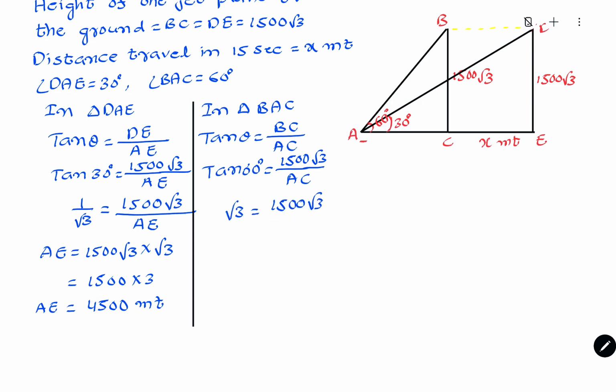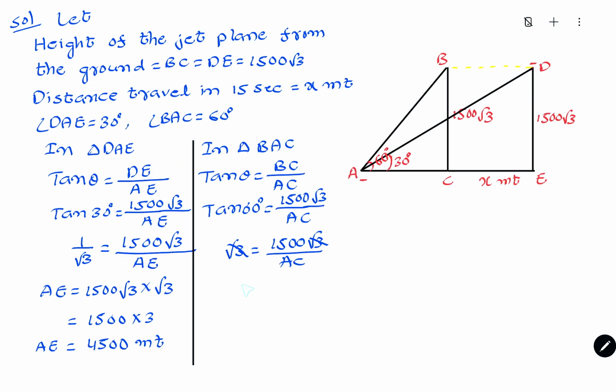Here √3 = 1500√3/AC. The √3 cancels, and the remaining values give 1 = 1500/AC. Do cross multiplication. Then AC is equal to 1500 meters.